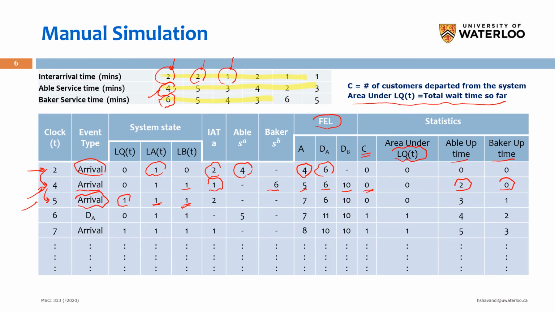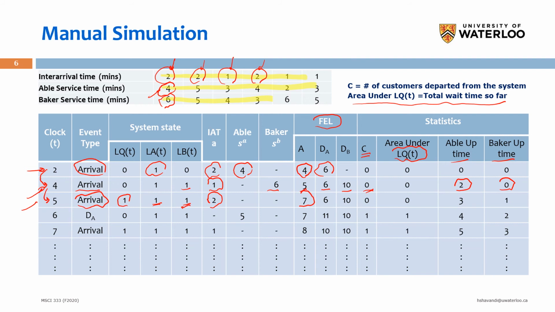So here LQT is 1, okay? And since again it's arrival, the interval time for the next customer will be 2 minutes, right, from here. Since this arrival is waiting in line, there is no service time for this one yet. So again, the next arrival will be at time 7.